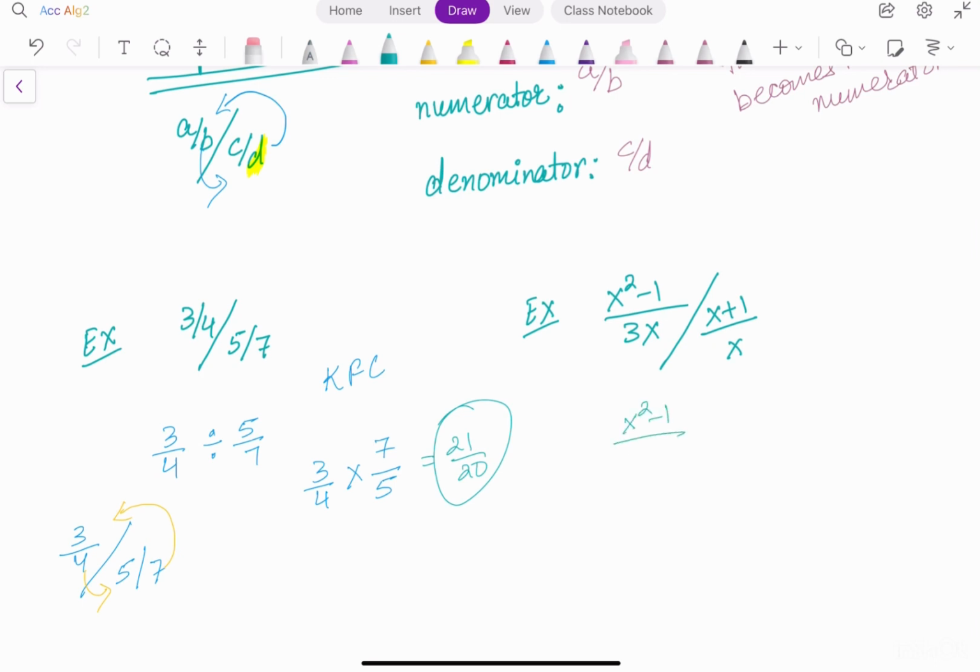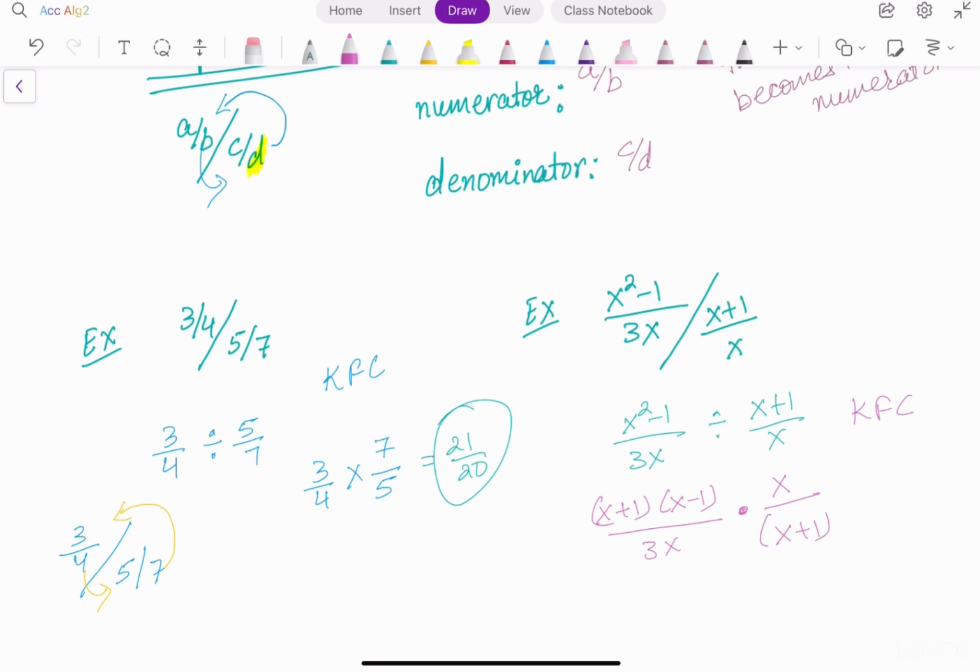Let's try one more. So we have x squared minus 1 over 3x, with the division sign, x plus 1 over x. Let's apply KFC one more time. So I can simplify x squared minus 1 as x plus 1, x minus 1 over 3x times, apply KFC, so it will be x over x plus 1. Don't get confused with the multiplication sign. Let's use a dot for the multiplication.